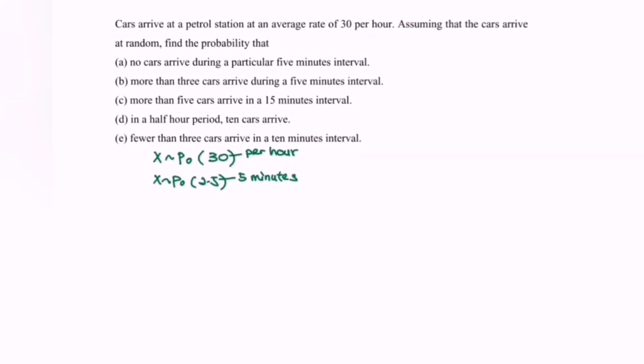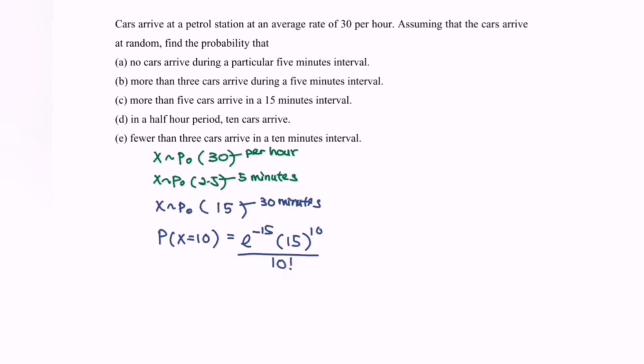Next, referring to question D, in a half-hour period, 10 cars arrive. So the title has to be half an hour, which means we multiply by 6, so we will have 30 minutes. As for lambda, it will become 15 if we multiply 6 by 2.5. The question asks about 10 cars arriving, so X equals 10: e to the power of negative 15, times 15 to the power of 10, over 10 factorial.